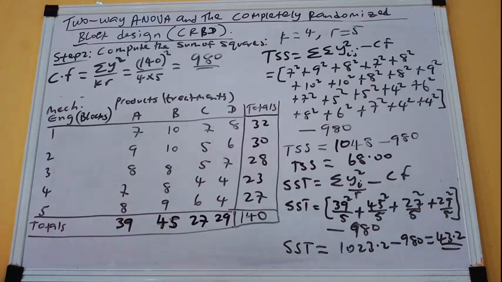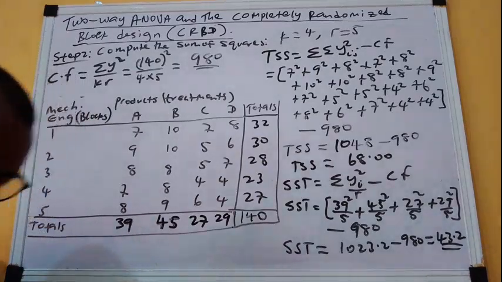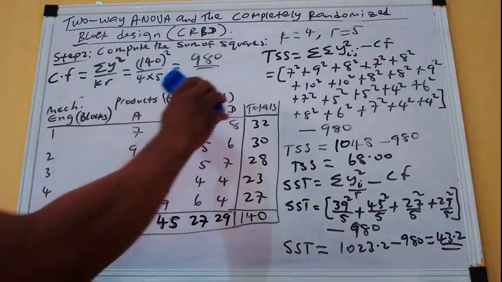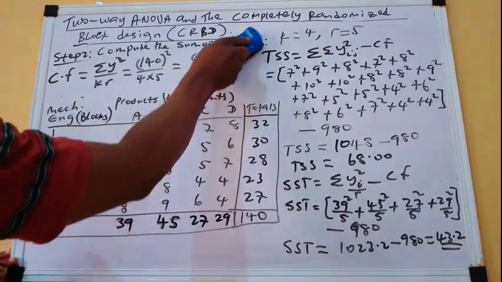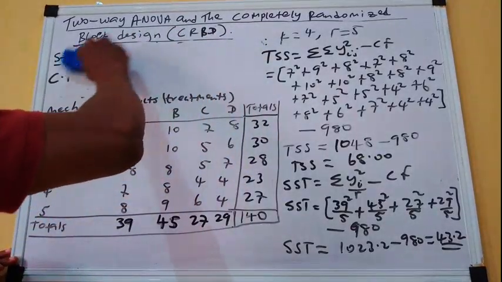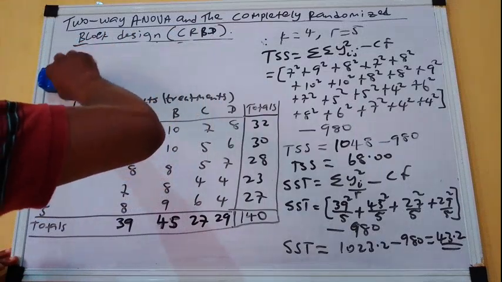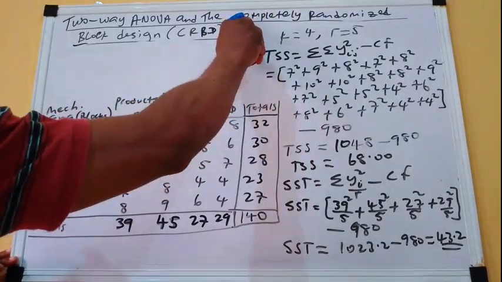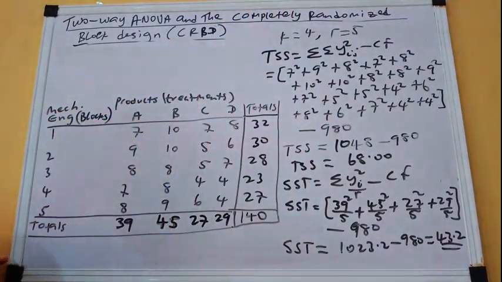So now we want to get our sum of square for blocks. Permit me to write it here. Permit me to clean this part. This is step 2, so that we can get our sum of square for block.